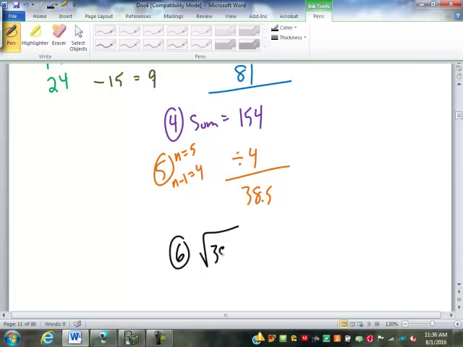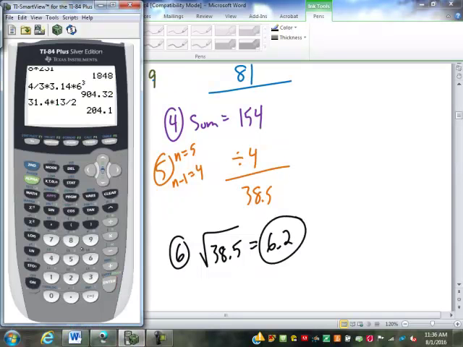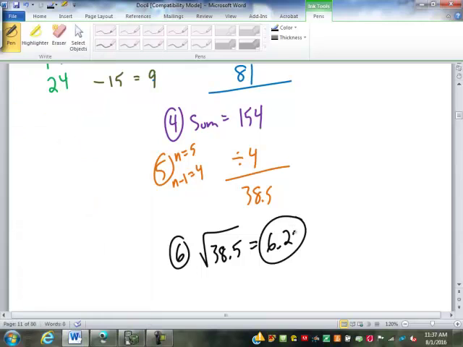Perfect. Square root of 38.5 is 6.2. 6.20. If you're not told, usually you round to 2 decimal places.